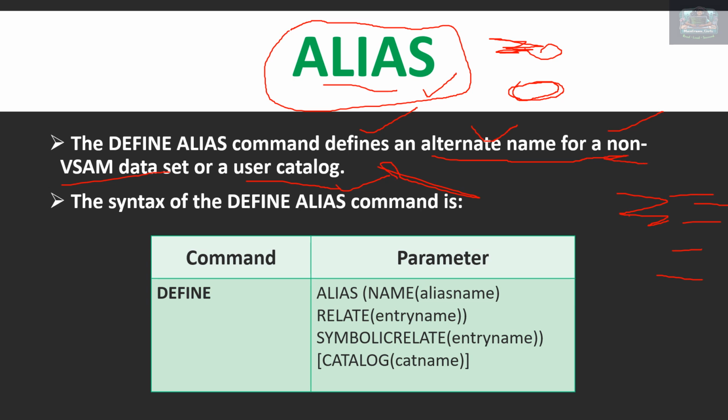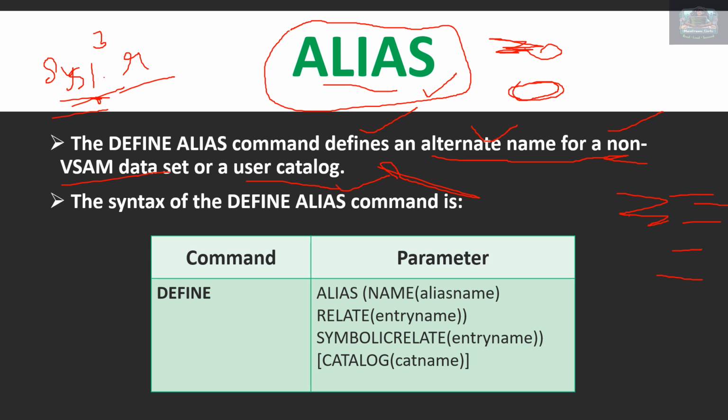If you see, there will be some system datasets. If you are working in mainframe, you'll know them as SYS1.* files, SYS3.* files, SYSX files, SYS1.PARMLIB, SYS1.ISPFLIB, SYS1.LINKLIB, LPALIB.